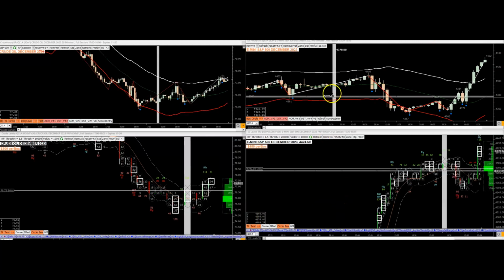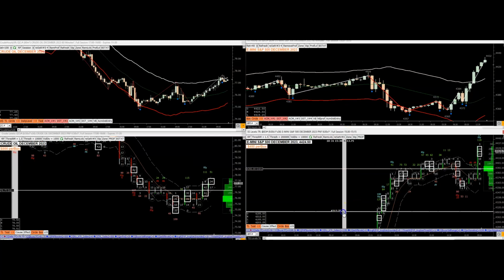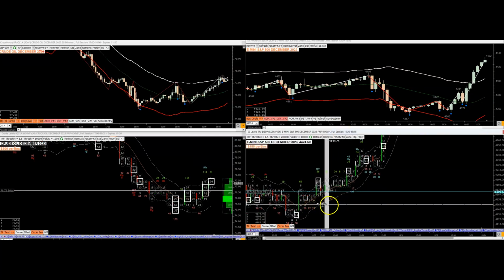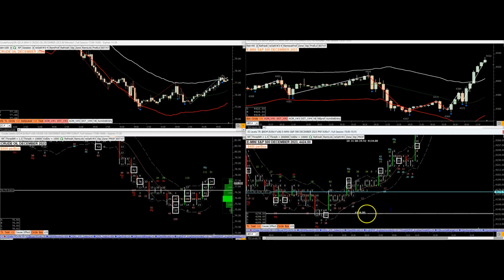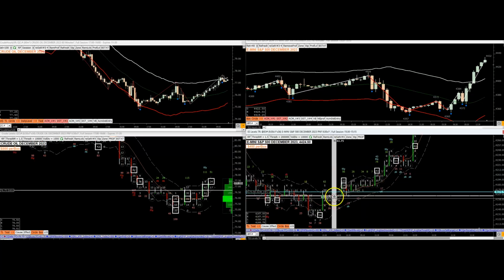On my right hand side, I have the ES. Underneath, I have the tape reading chart. I'm using the tape reading chart to identify high volume areas.